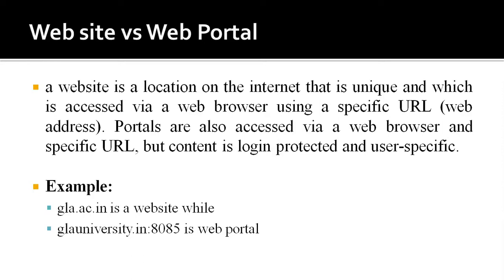This is the main difference. For example, you can see that gla.ac.in is a website, while glauniversity.in:8085 is a web portal for the students.